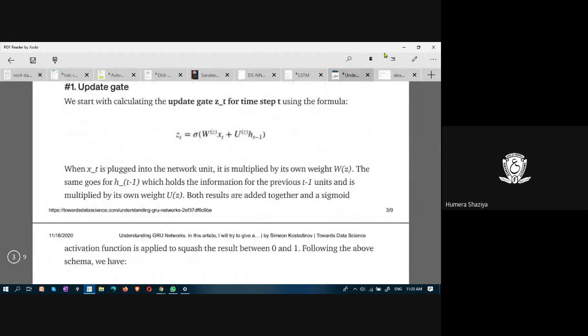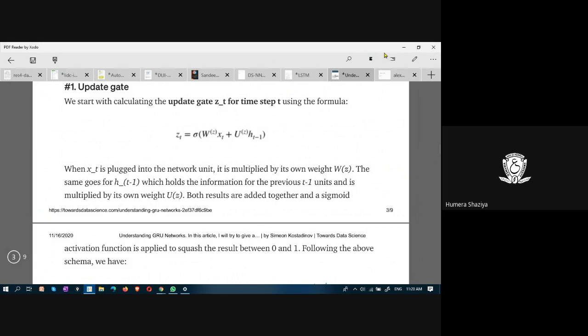First, coming to this update gate, for time step t, how the update is calculated is in this manner: W super z times x sub t. What is this W?